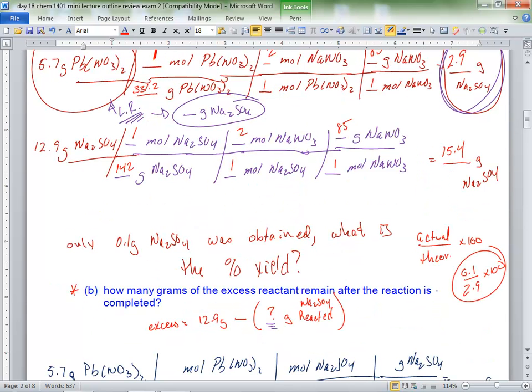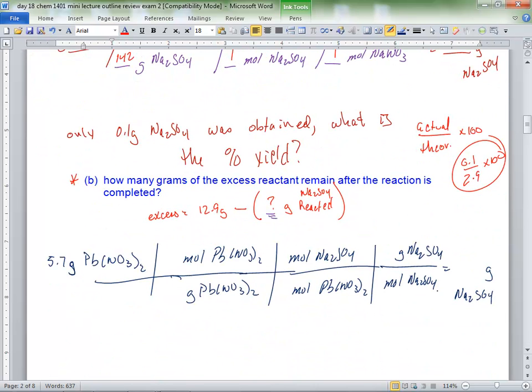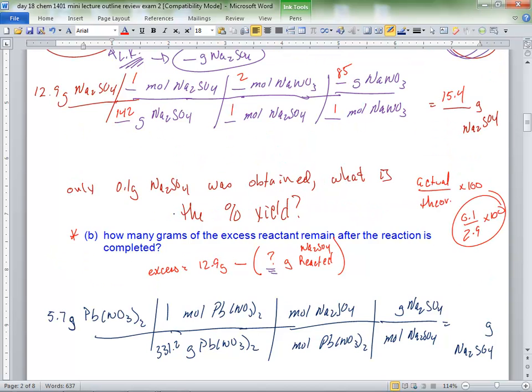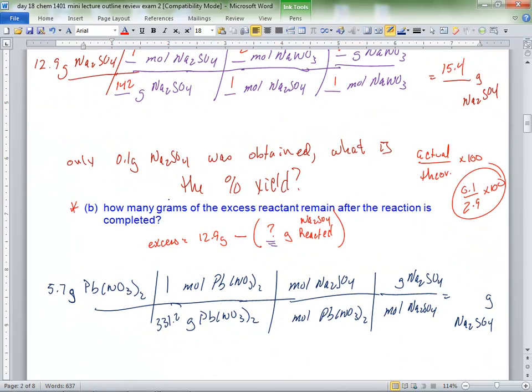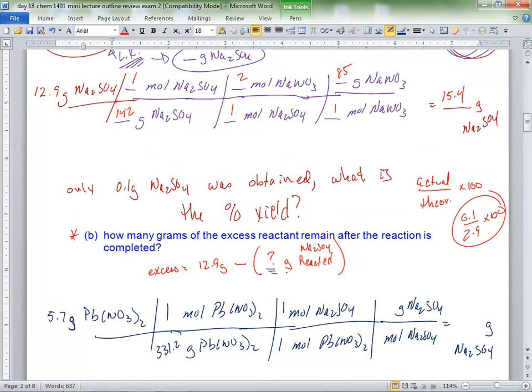Lead nitrate was 331.2. Nitrate is 1. Sodium sulfate is 142.